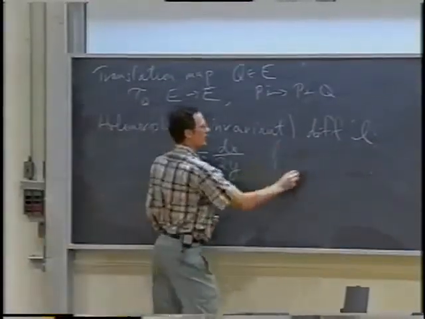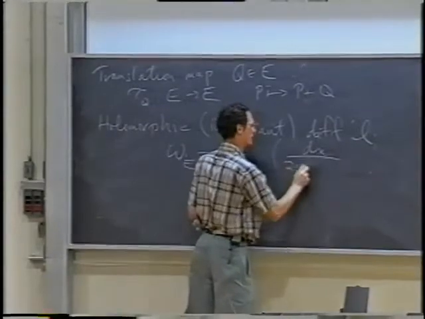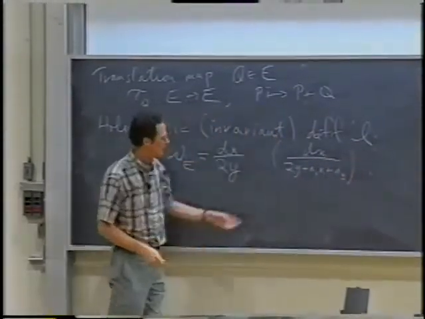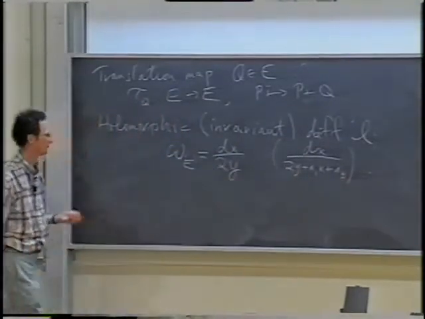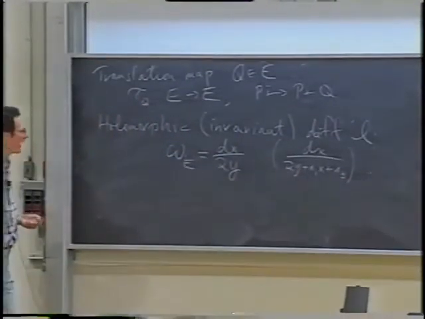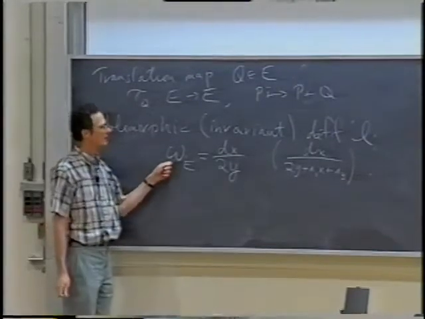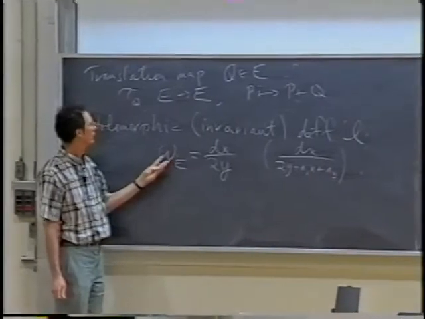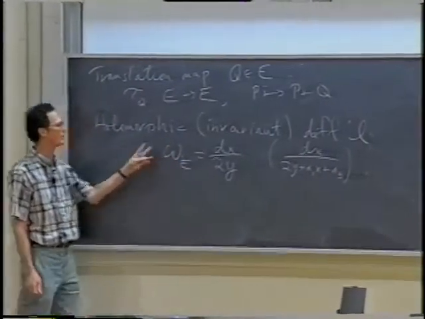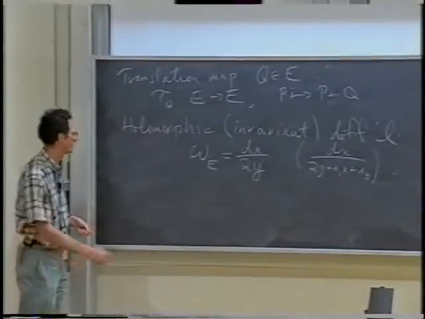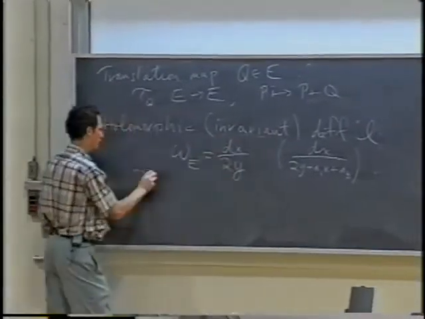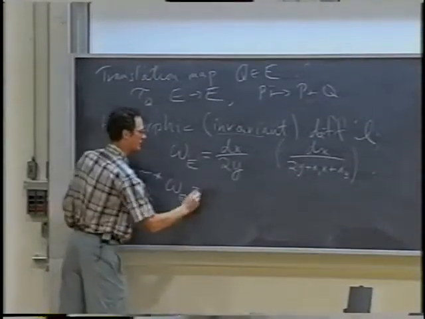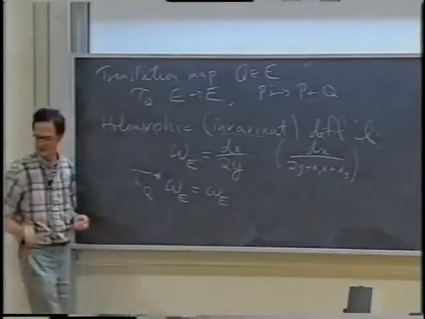On the general Weierstrass equation, it's dx over 2y plus a1x plus a3. So this even works in characteristic 2. The fact that the space of differentials is one-dimensional tells you that if you pull back by translation, you'll get some multiple of it. In fact, you'll get the exact same thing. So that's why it's called invariant. One has the elementary fact that the pullback of this differential by translation is itself.